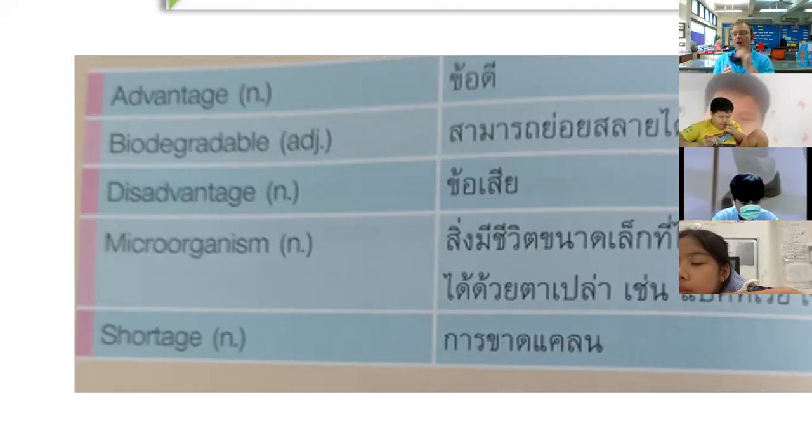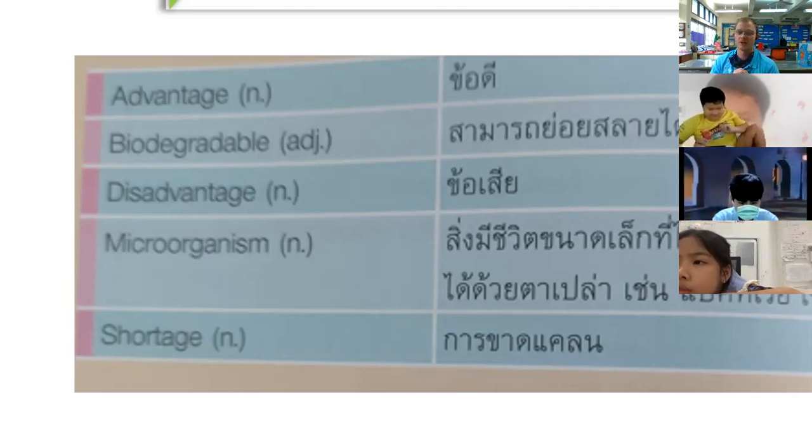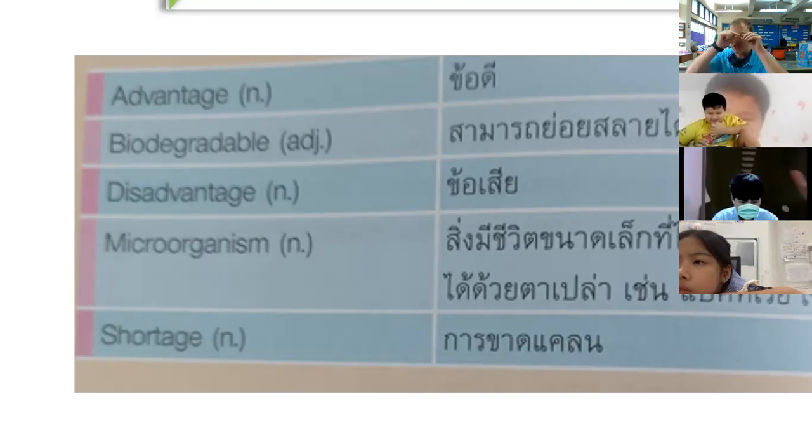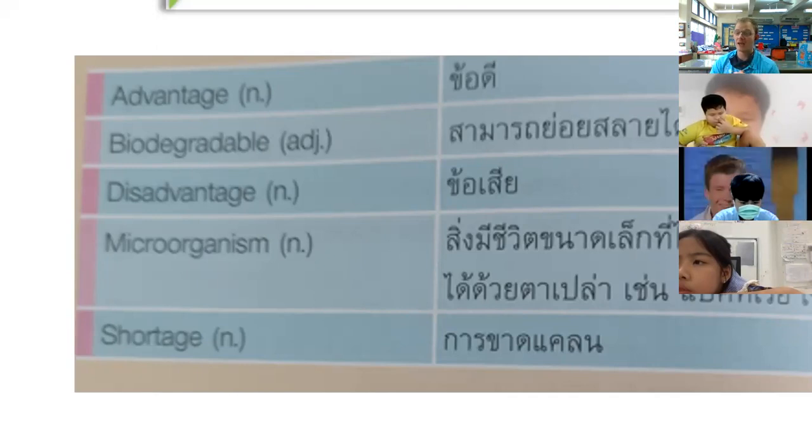The microorganisms are the organisms that decompose the flesh of dead animals or dead plants to provide more nutrients for the soil so that we can grow new crops. Microorganisms are very, very important in our lives. And they are micro, meaning we cannot see them. They are very small. But they are there and we are aware of them. Okay. And the last one is shortage.